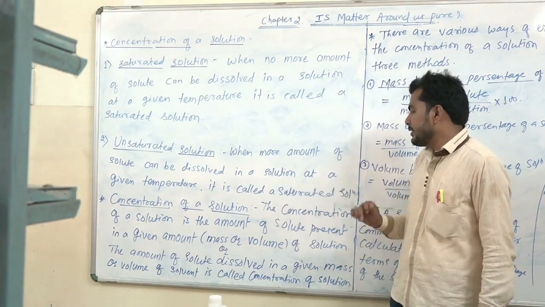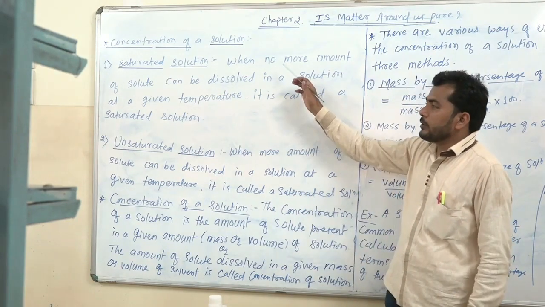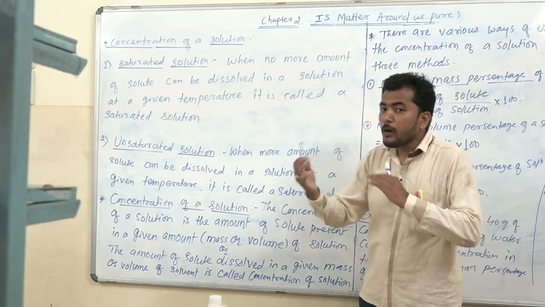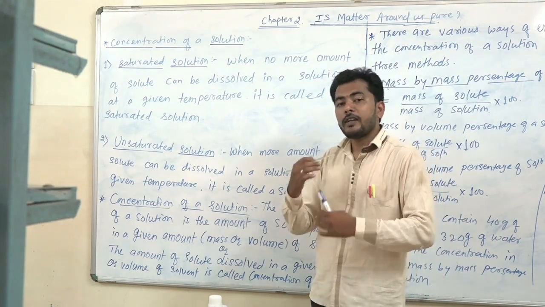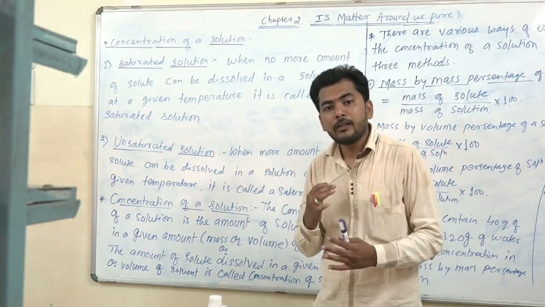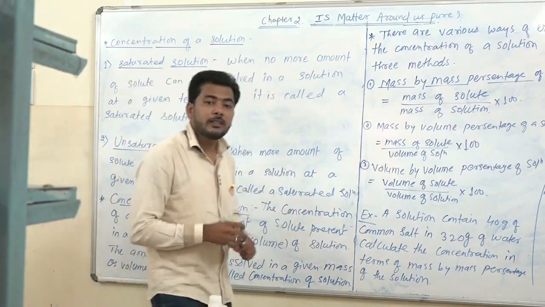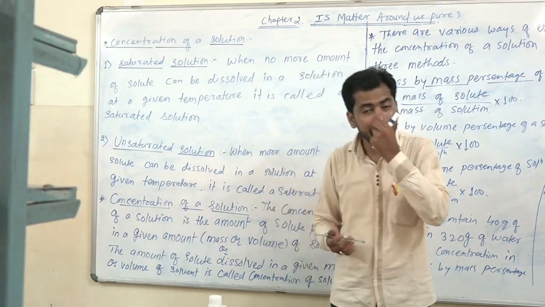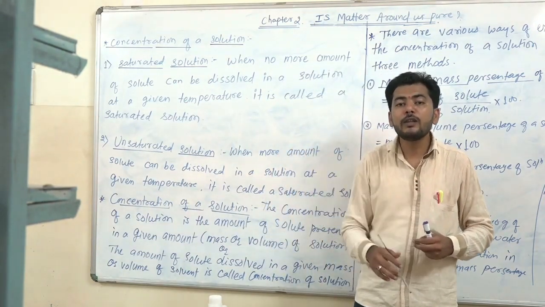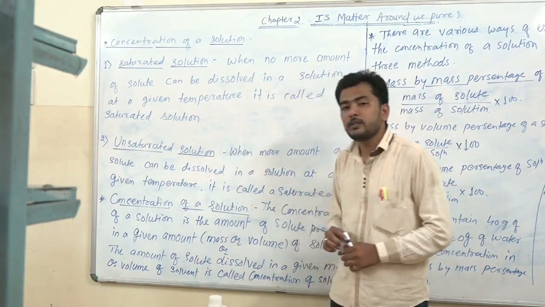In a saturated solution no more solute can be added at a given temperature. But unsaturated means we can add solute into that solution and it is able to dissolve that solute. It is called an unsaturated solution.